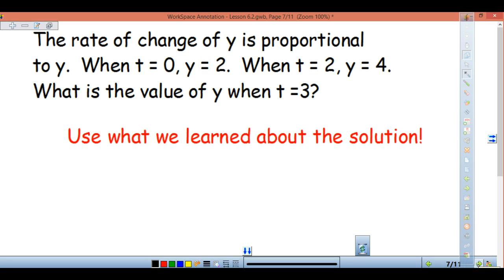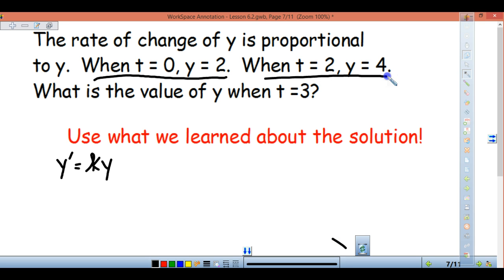All right, so let's go ahead and maybe find a little more information. Let's start with writing the differential equation. The rate of change of y, so either dy dt or y prime, is proportional to y, so equals ky. And we know that when t equals 0, y equals 2. When t equals 2, y equals 4 as well. So what's the value of y when t equals 3?